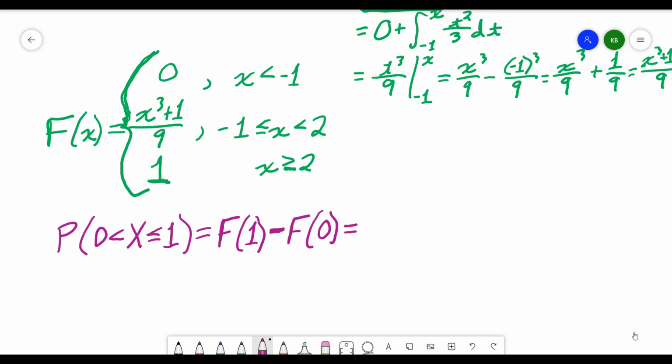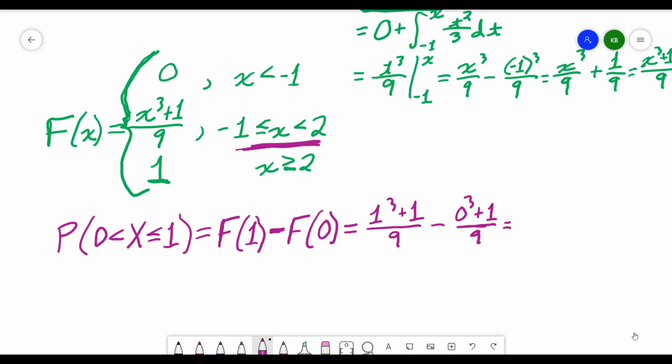When I plug in my values, I can use my piecewise function here, and both 1 and 0 fall into this middle piece. So I'll have 1 cubed plus 1 over 9 minus 0 cubed plus 1 over 9. And I'll do this arithmetic, simplify it out.